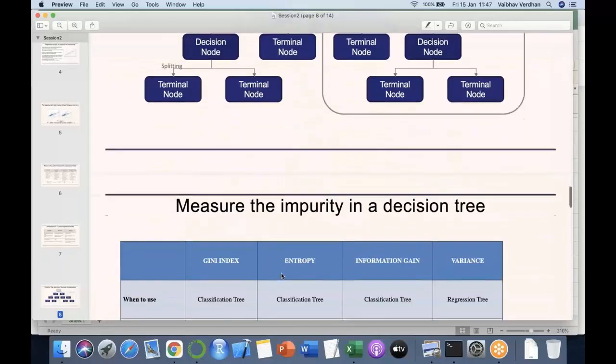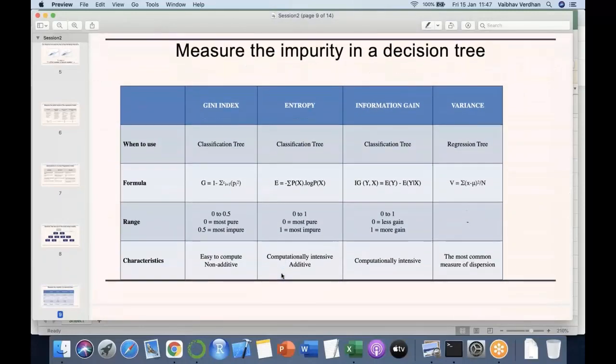Decision trees again can be used for both classification and regression problems. We would study the classification problems in the next session, but in today's session, since we are talking about regression problems, you can measure the impurity in a decision tree using variance.